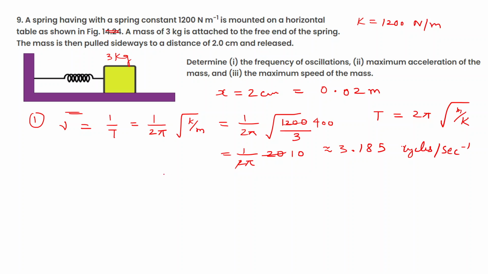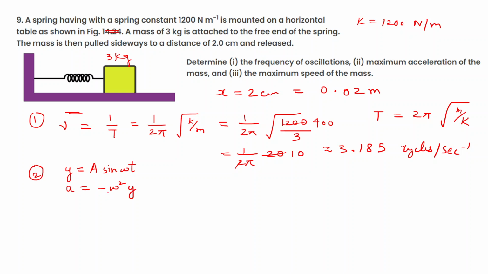Now the next thing we need to calculate is maximum acceleration. If you remember the expression that we derived, when simple harmonic motion is given by this equation, where this is the amplitude, and sine omega t or cos omega t, both are fine, let's write sine omega t. When I take the double derivative here, acceleration will be minus omega square y.